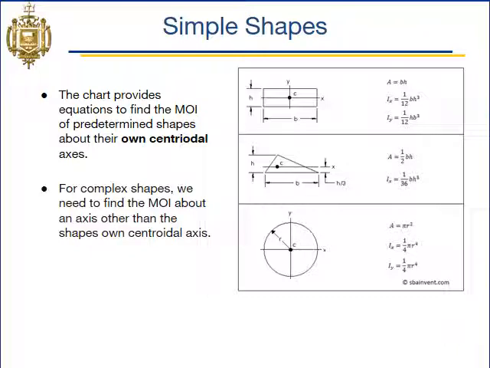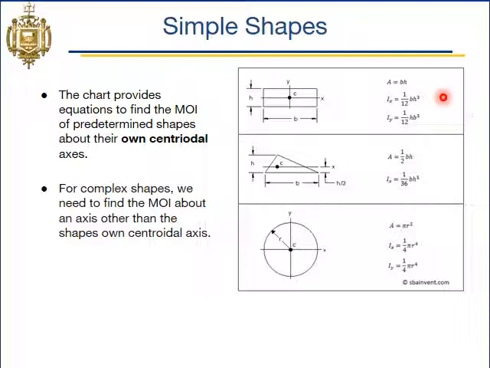So this chart here shows how you calculate the moment of inertia about the centroidal axes for some simple shapes. For the most part, we'll be dealing with a lot of rectangles. So you should definitely memorize these equations. So the moment of inertia about the x-axis for a rectangle is going to be 1/12 bh cubed, or bh cubed over 12, right?